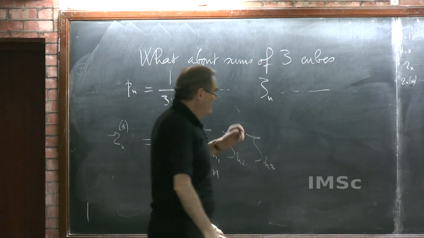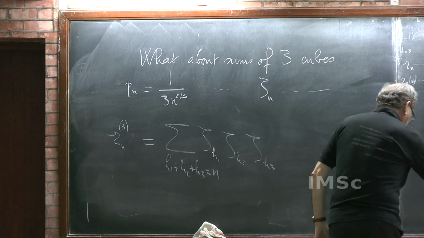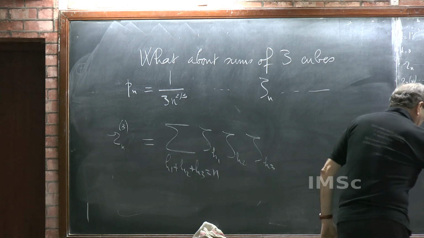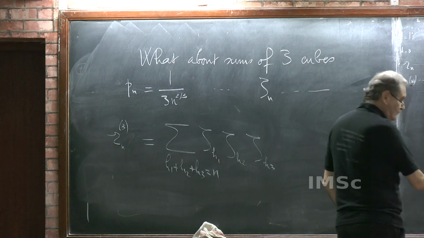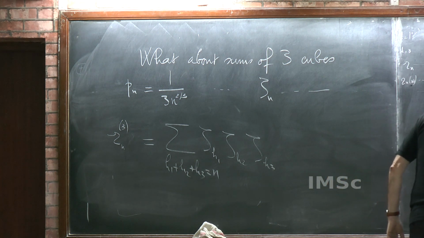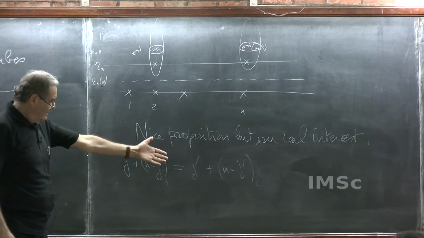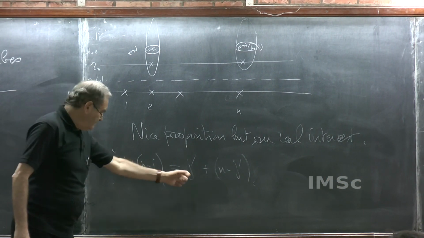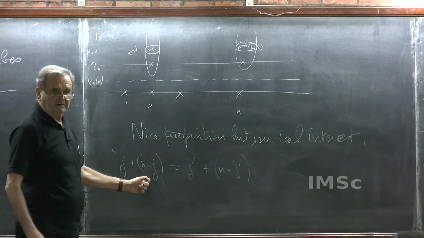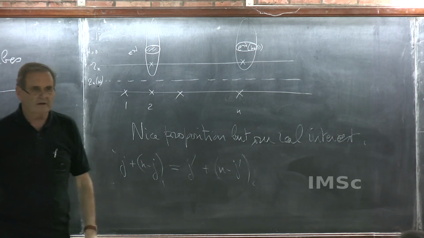You see, when you are saying that j plus n minus j is equal to j prime plus n minus j prime, then of course this means that j is either j prime or n minus j prime. And if you put something on the sides, you are sure that they are the same.